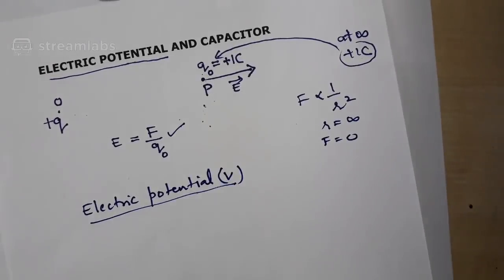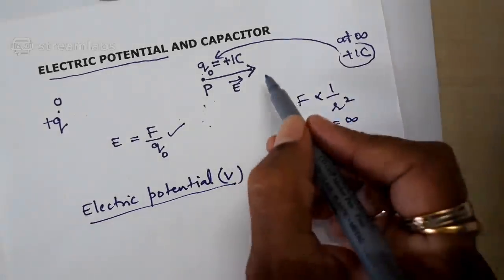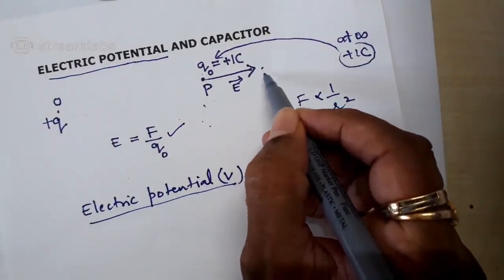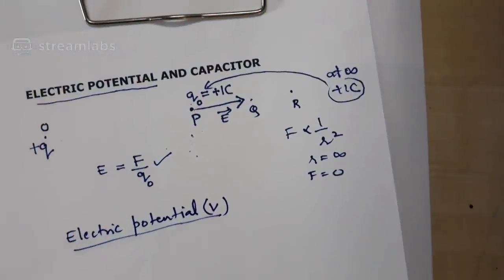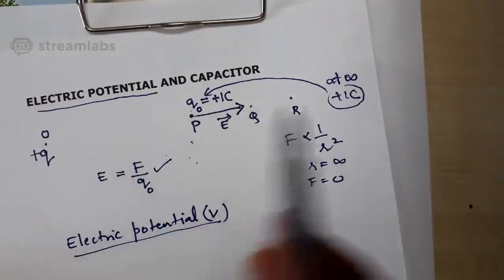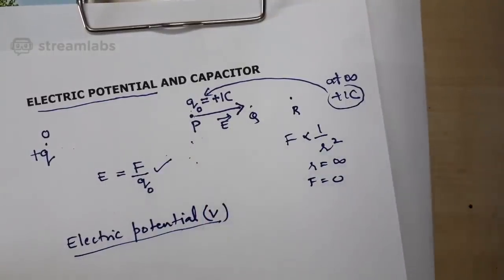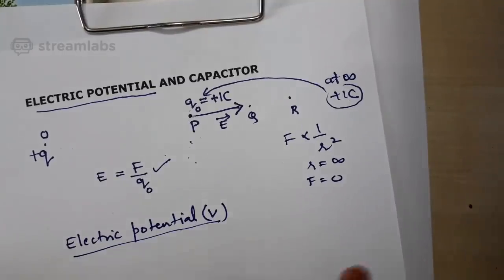Why am I repeating the words at that point? Because instead of selecting P, if I would have selected Q, or R, and if I ask you to move a plus 1 coulomb charge from infinity to P, or infinity to Q, or infinity to R against the electric field, do you think that the amount of work done is the same in all the cases? Obviously not.